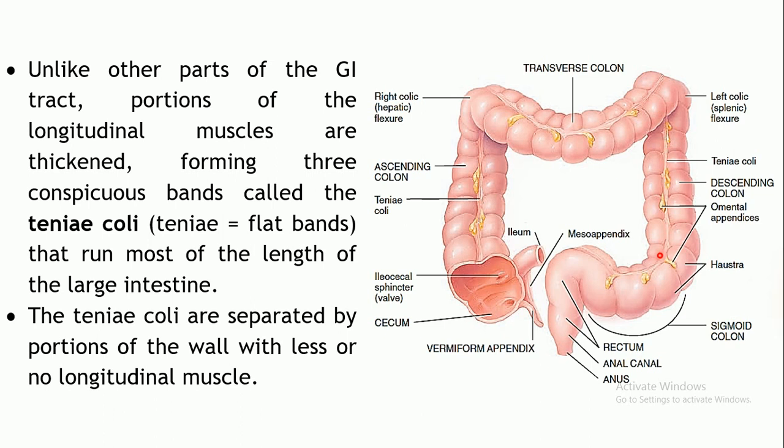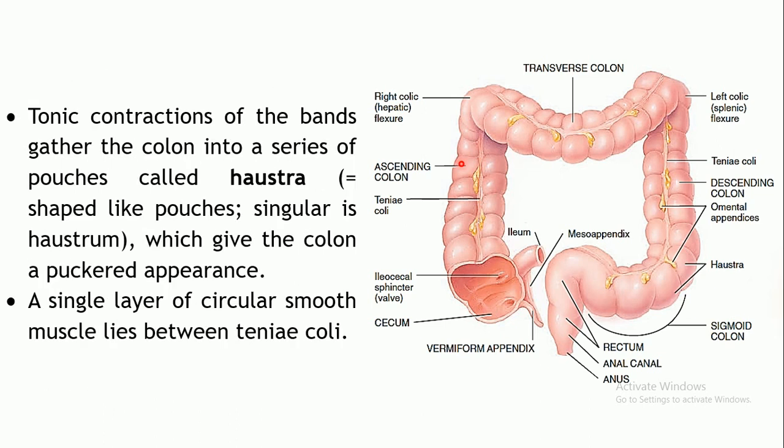These taeniae coli run along most of the length of the large intestine, and are separated by portions with less or no longitudinal muscle.